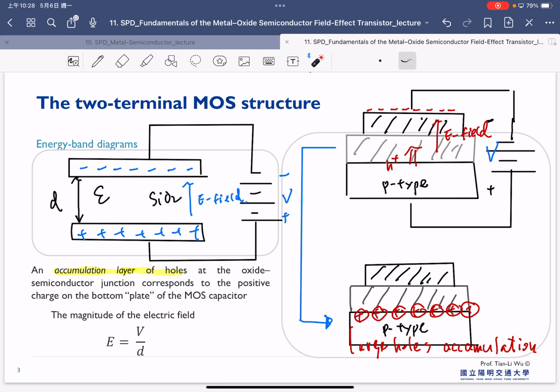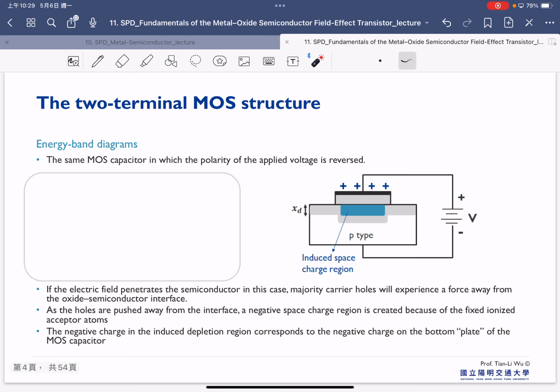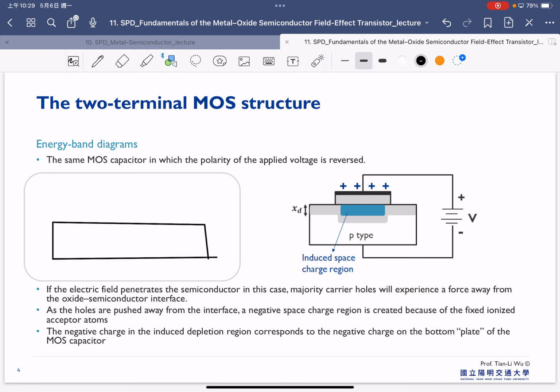Of course we will not be satisfied with only the negative bias, so in the next part we are interested in applying a positive gate bias. The idea is still the same. We consider a p-type substrate, we have the dielectric here, and we have the gate metal here.